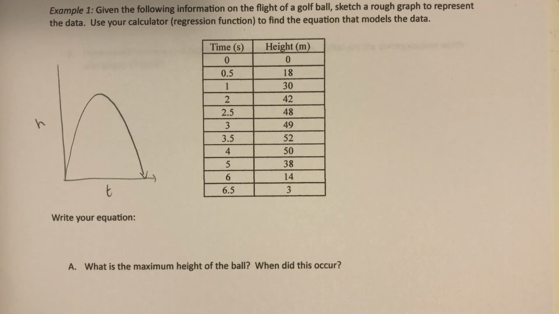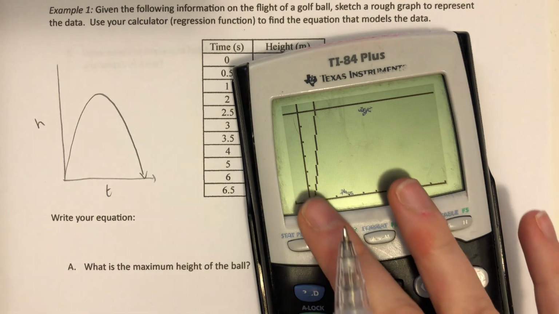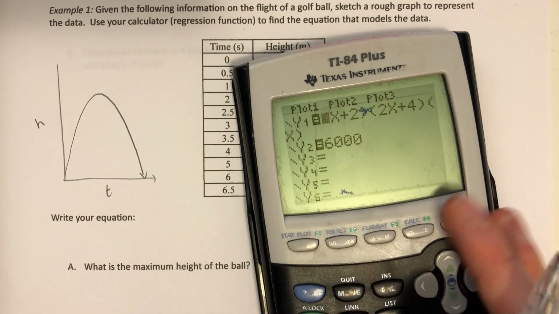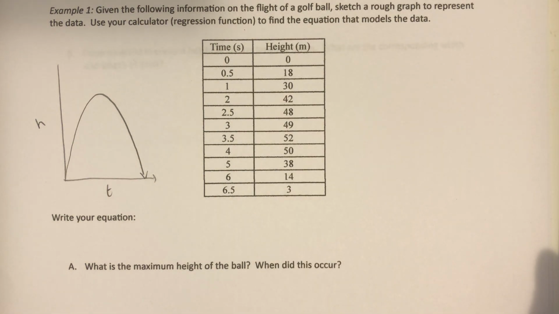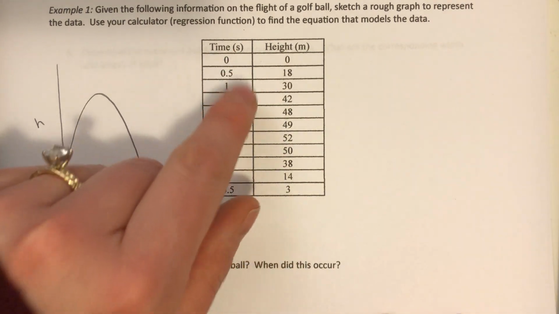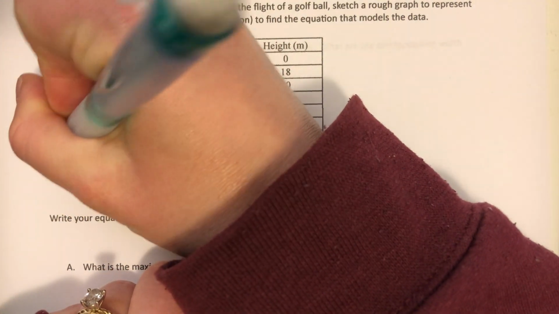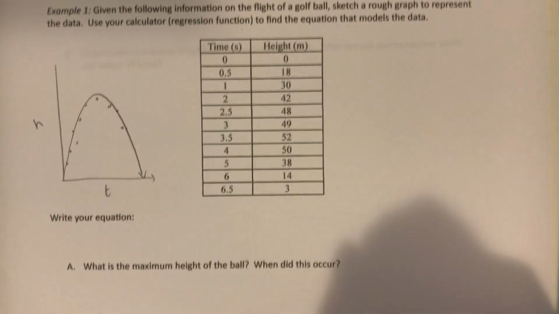Okay, so normally if I hit graph right now, there are no data points, there's just the lines that I have in y equals, okay? When I want to use a regression, we need to actually be able to plot these points as individual bits that our calculator will then draw a line for.